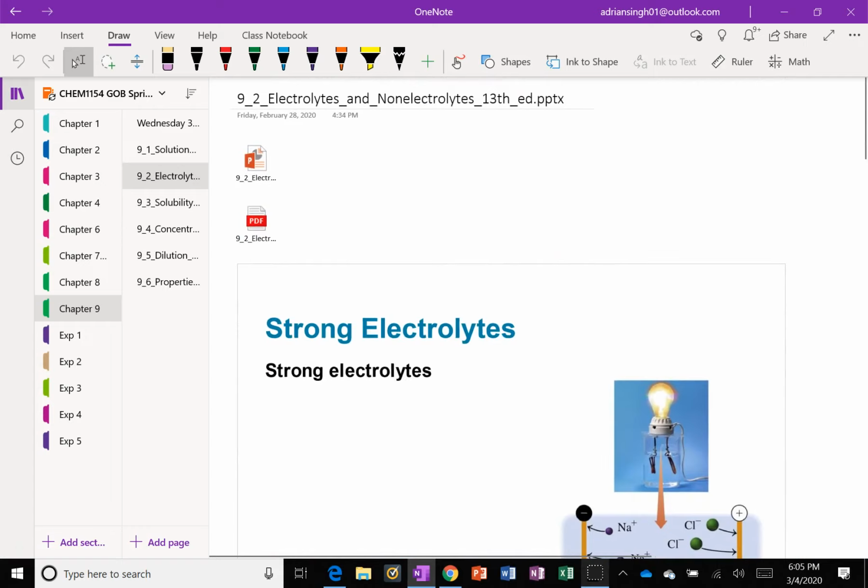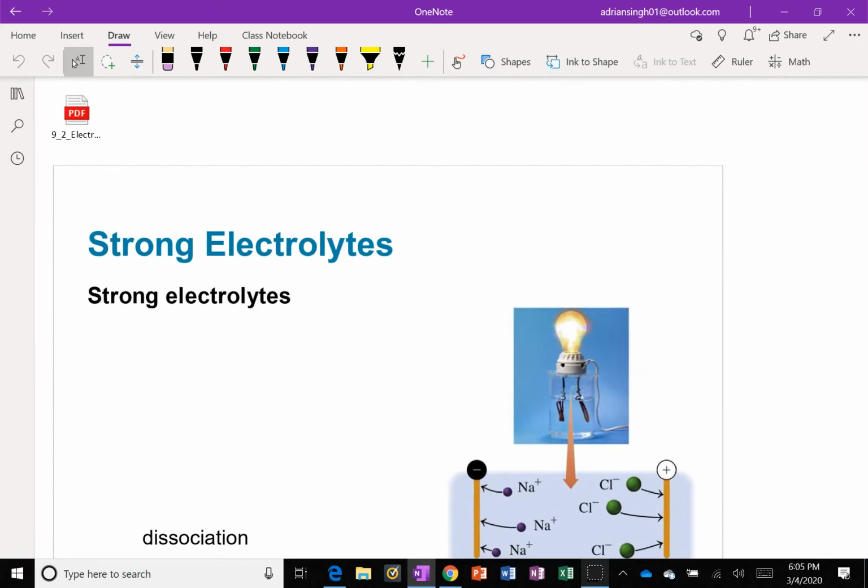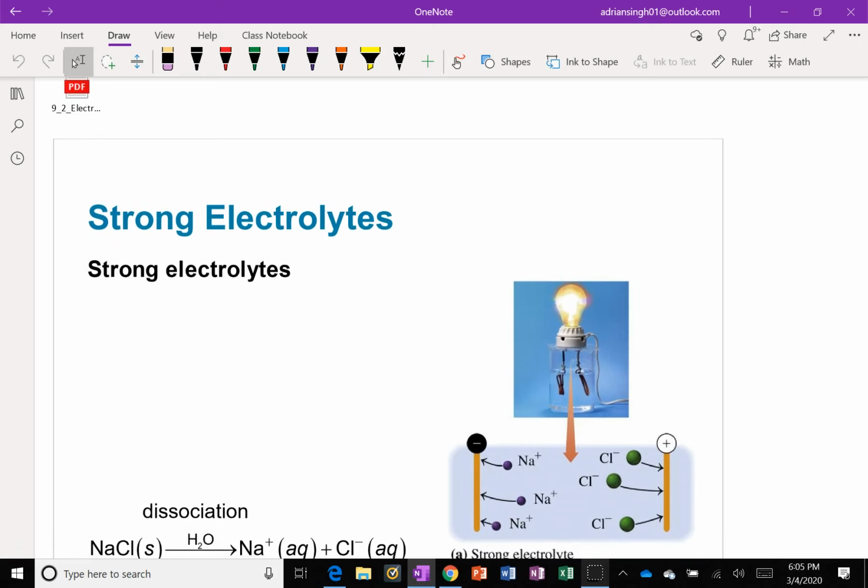So the ability of a substance to form ions then leads into its nature as either an electrolyte or a non-electrolyte. So we're going to talk a little bit about these different types of electrolytes. The first thing we need to do is to define what an electrolyte is. Has anybody heard the term electrolyte before?